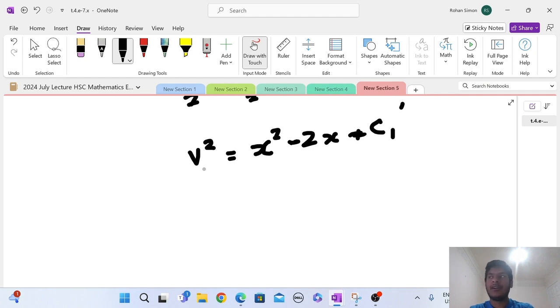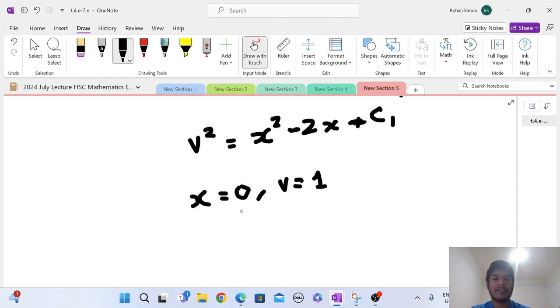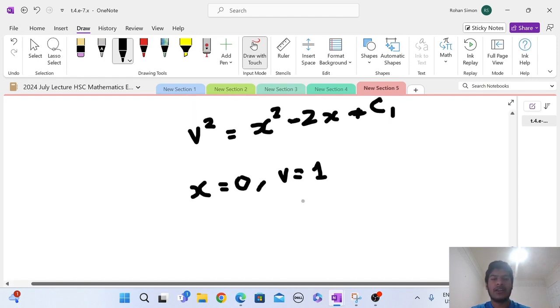Well, that's where our initial condition comes in. We know that when t equals 0, that is initially, x equals 0, and our velocity equals 1, because we're told that initially the particle is at the origin, and its velocity is 1 meters per second. So let's go ahead and plug that in.